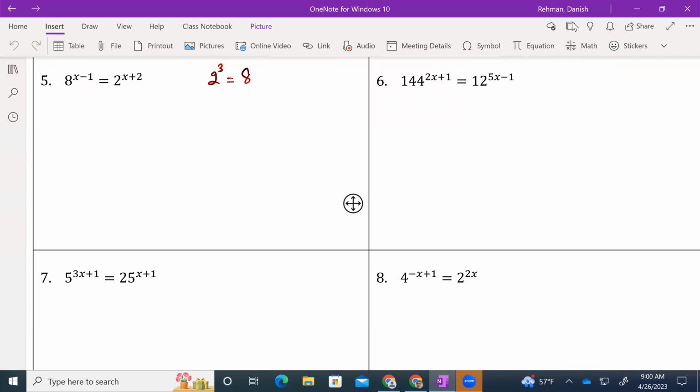Agree? That's a hint. Same thing, in question number 7, 5 raised to power 2 is a 25. In question number 8, 4 is equal to 2 raised to power 2. Agreed? These are the hints which will be useful for you.